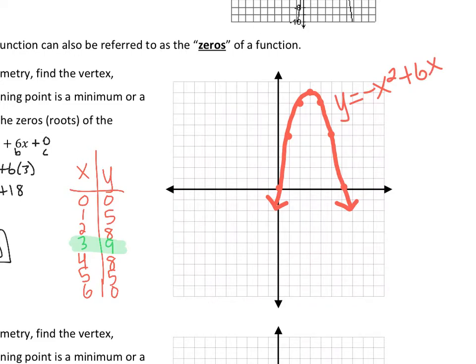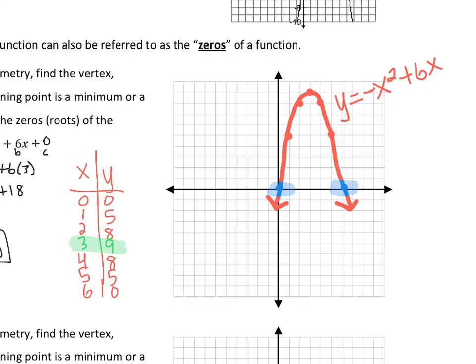It's asking for the roots, which means where does it cross the y-axis? I'm sorry, the x-axis, I misspoke. So I have the x-intercepts, or crossing the x-axis at those 2 points. I'm really only concerned with the x values of those points.